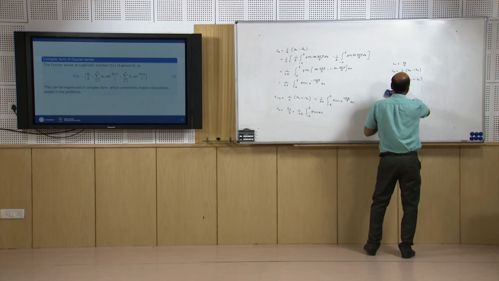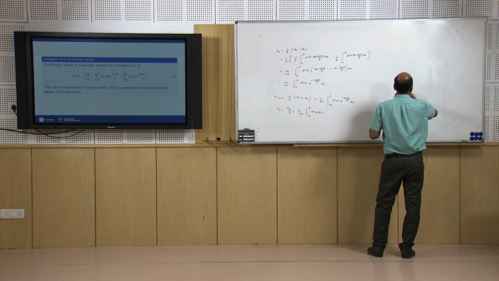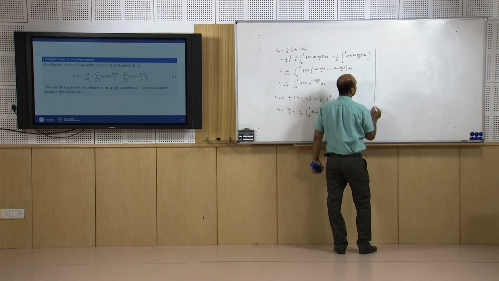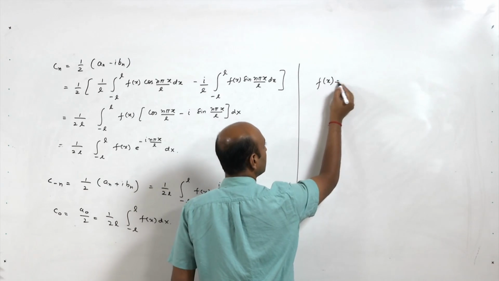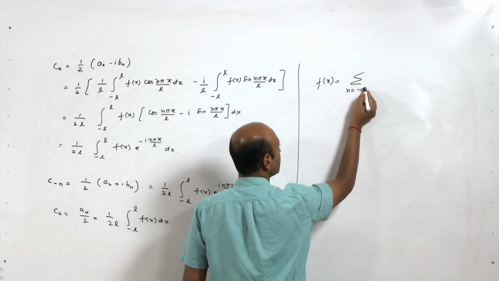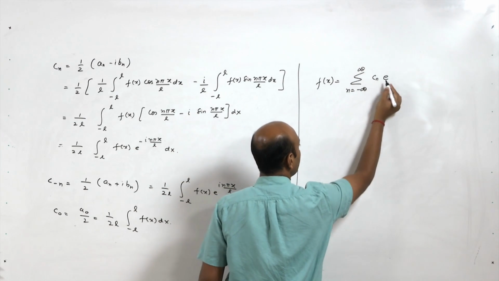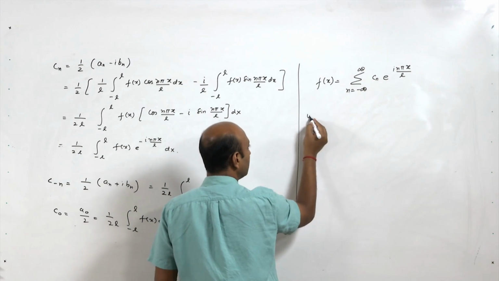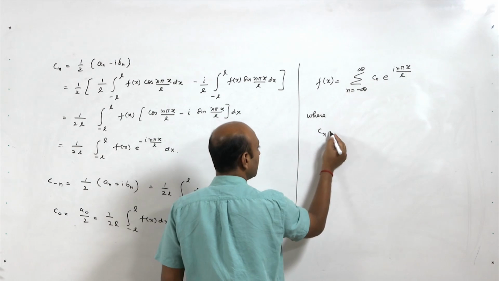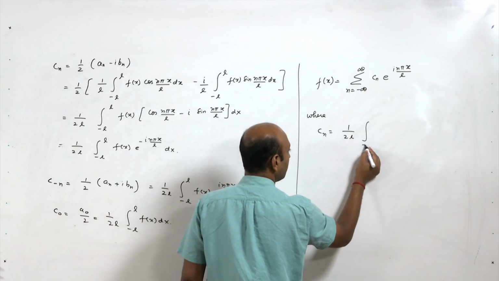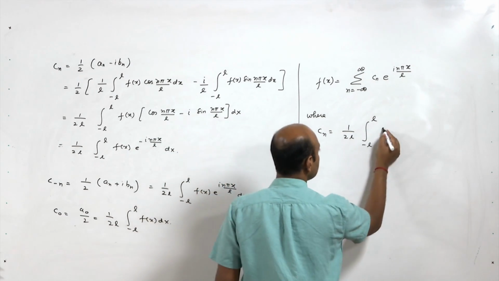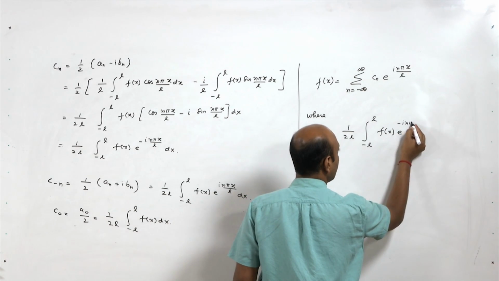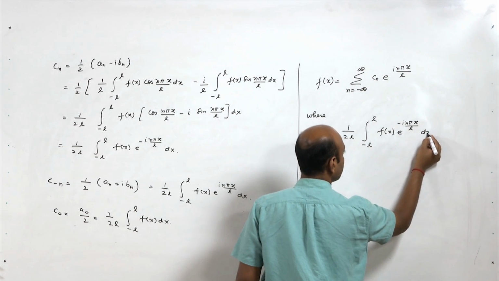So, that means the complex form of the Fourier series is given by this expression: f(x) equals summation n varying from minus infinity to plus infinity C_n e^(i n pi x / L), where C_n will be nothing but 1/(2L) integral from minus L to plus L f(x) e^(-i n pi x / L) dx.